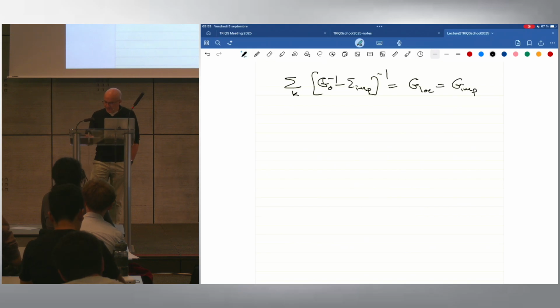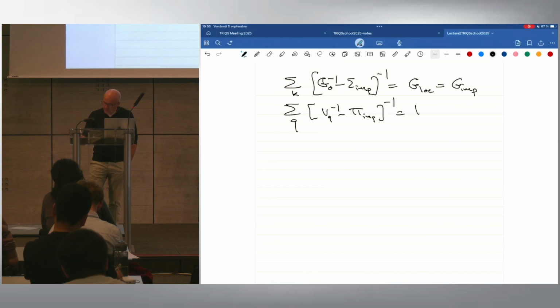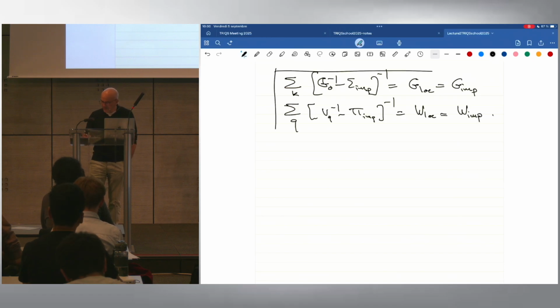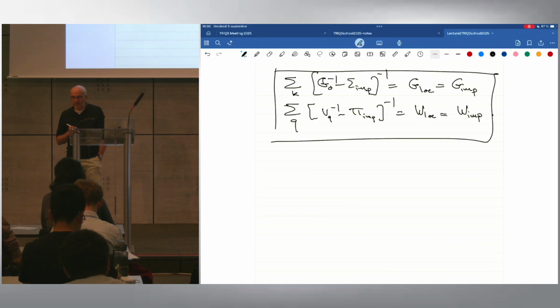And in the same way, sum over Q of V Q inverse minus pi imp, inverse equal W local that I'm going to identify again by the representability assumption to W imp. And these are the two self-consistent closure equations that define EDMFT.